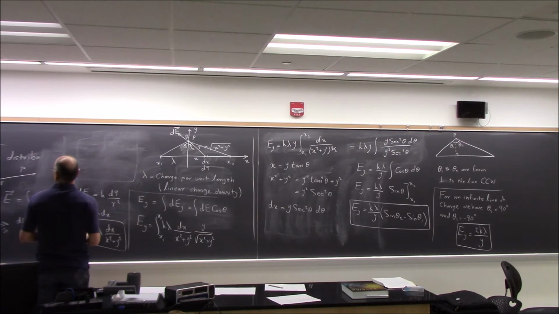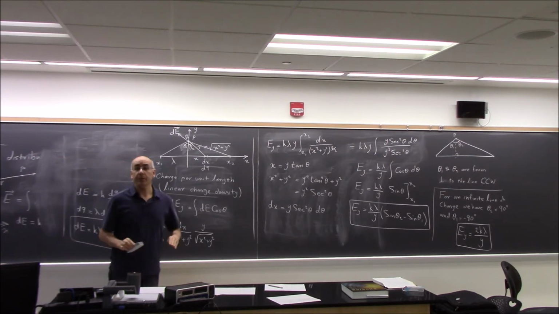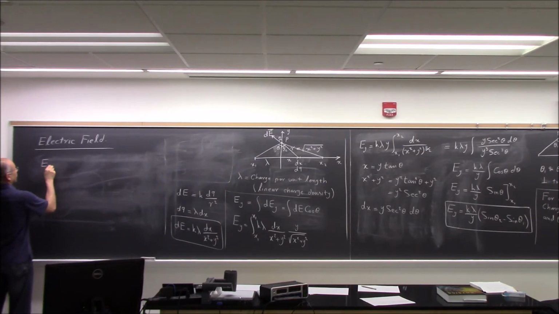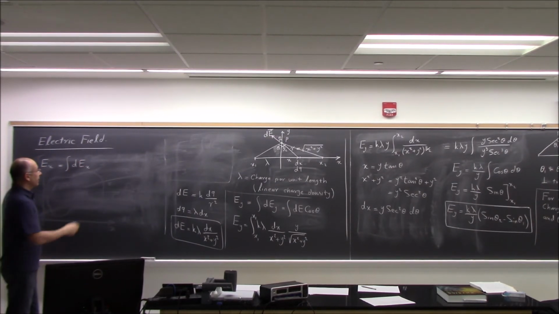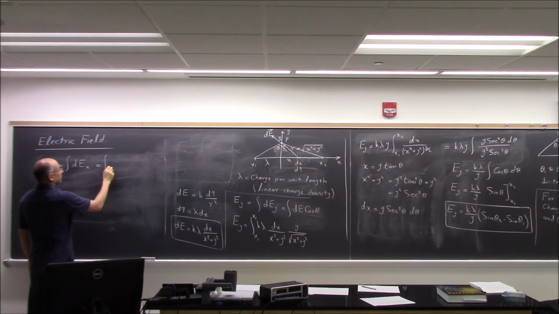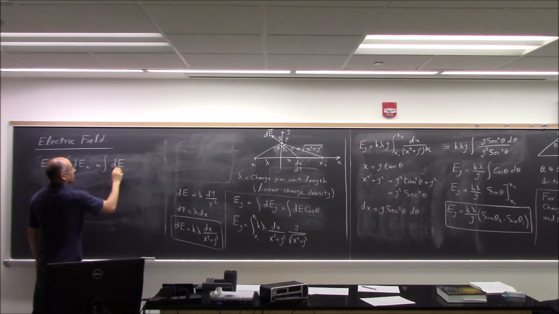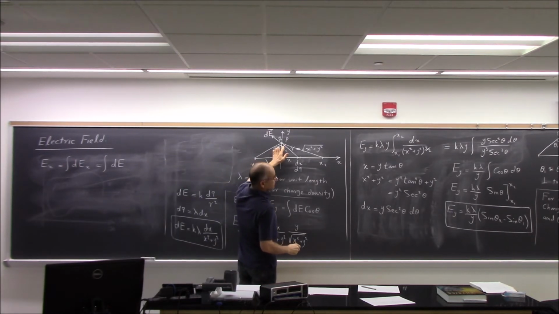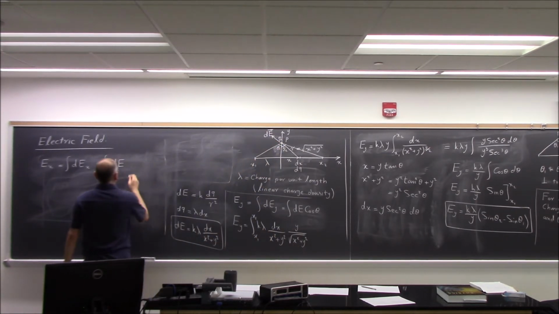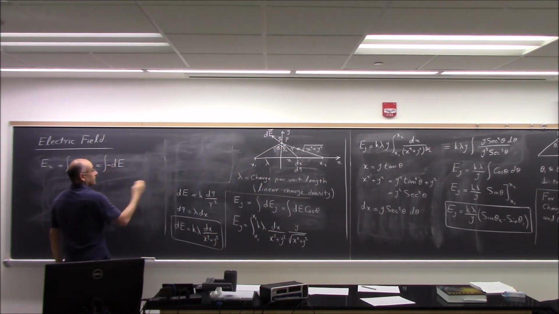Now, I would like to do the x component. Ex is the integral of dEx. Again, it is the integral of dE times sine of this theta, right? Yes, sine theta with a negative sign because it's on the negative side.